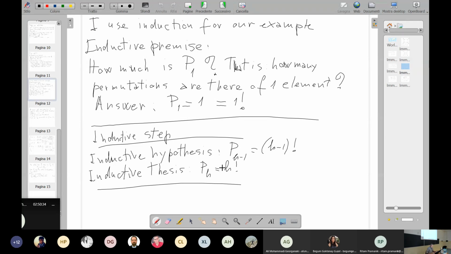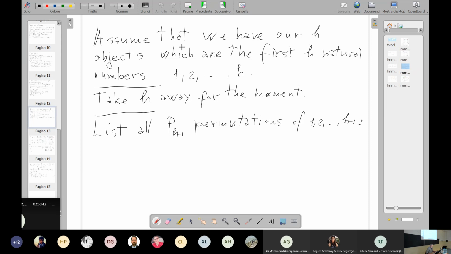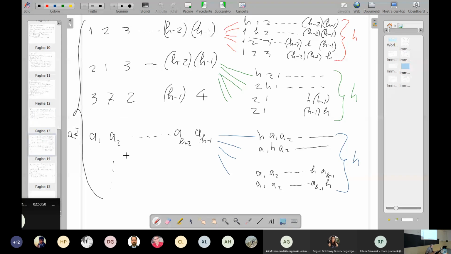So these two parts, I've used it for this particular thing. Inductive premise, inductive step: I assume this and I prove this. How to prove this out of this? Just by thinking that we list all permutations of the first h minus 1 numbers. I have listed them here. And for each of these, I have h new permutations by adding the number h which was left out before.